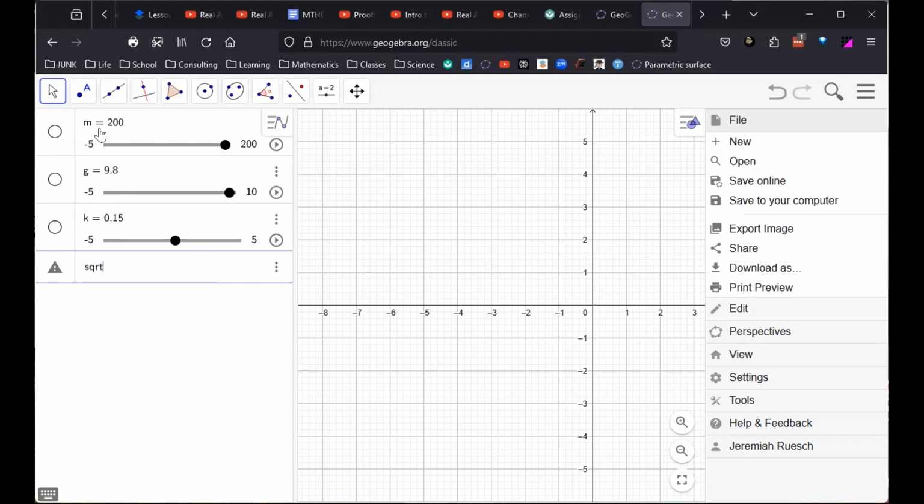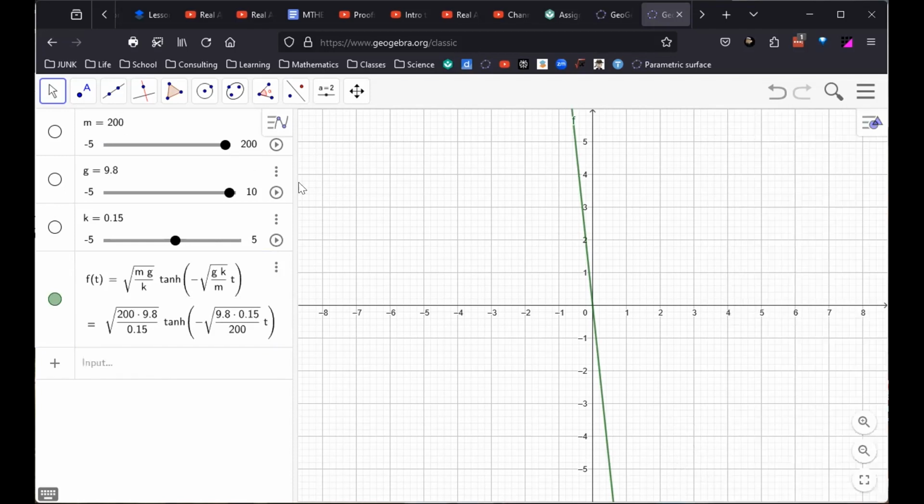So we have the square root of mg over k times tanh of negative square root of gk over m times t.